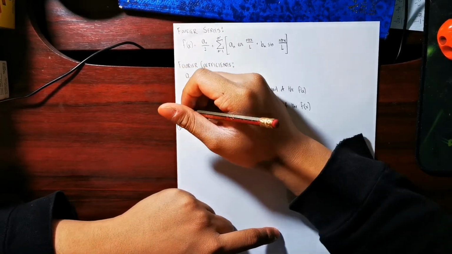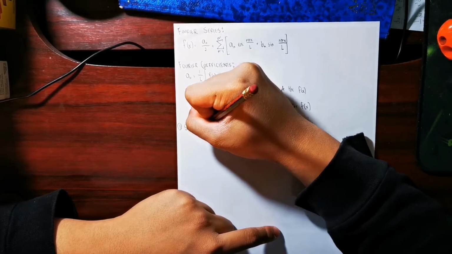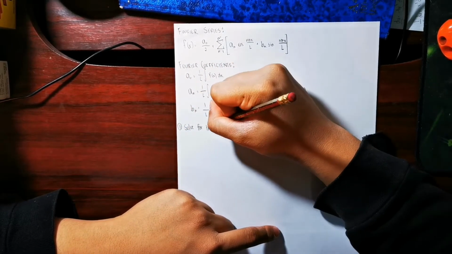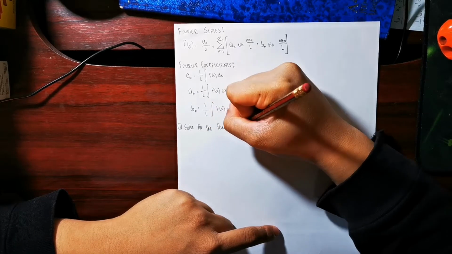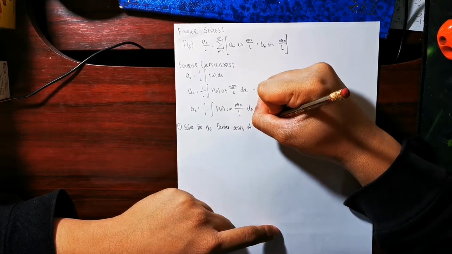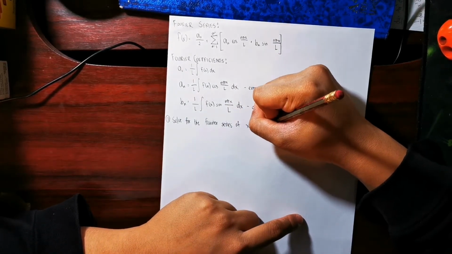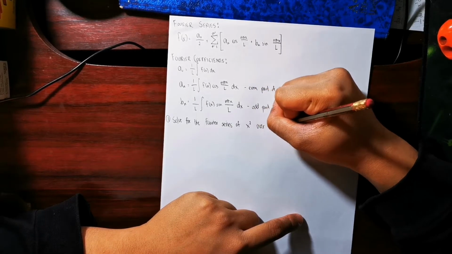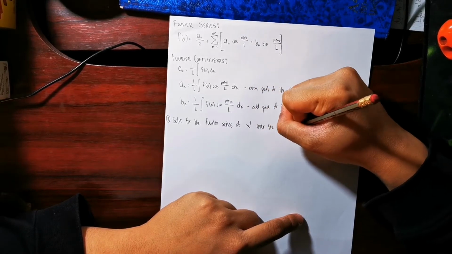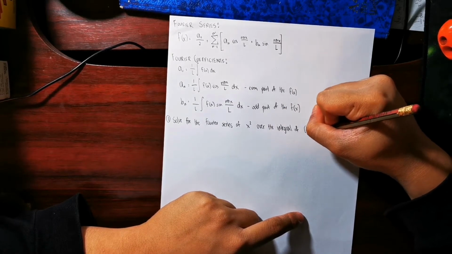First, we will solve for the Fourier series of x squared over the interval negative pi to pi.